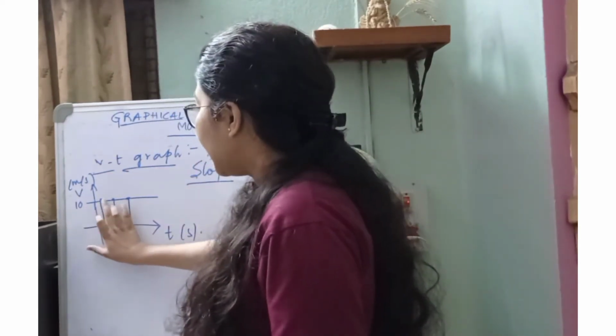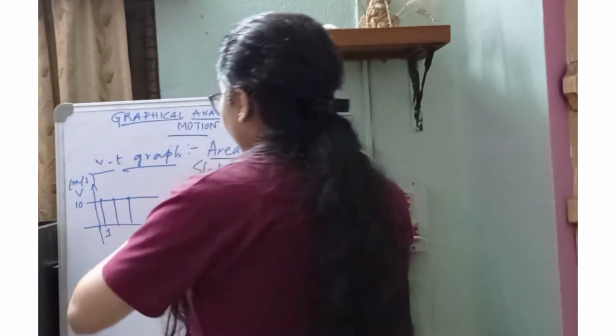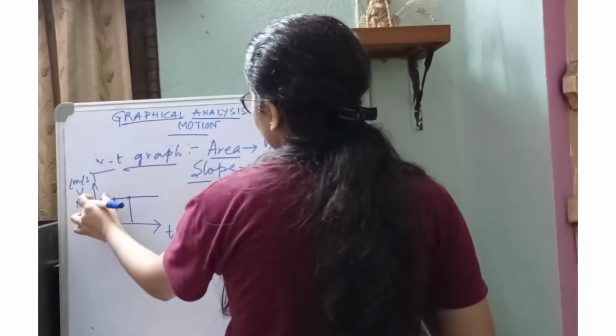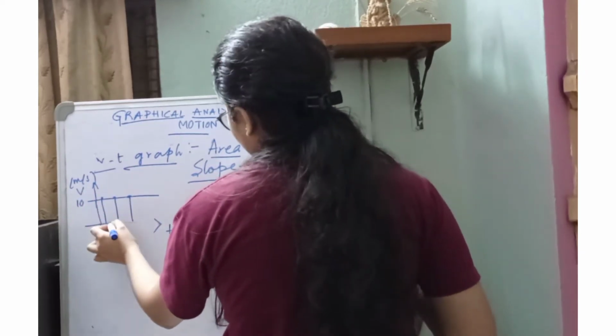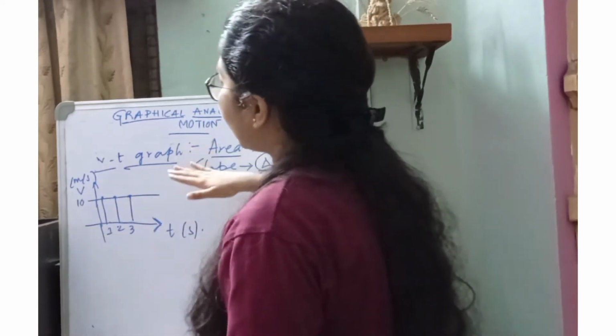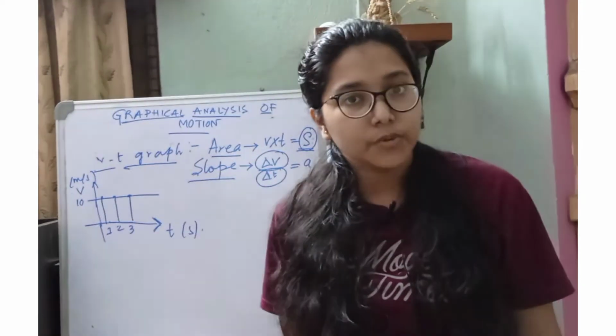Now V is 10 in this case, time was 1 second. Now if I see time is 2 seconds, V is still 10. So time is constantly increasing, right? But as time increases, V is remaining constant, and the value is equal to 10.